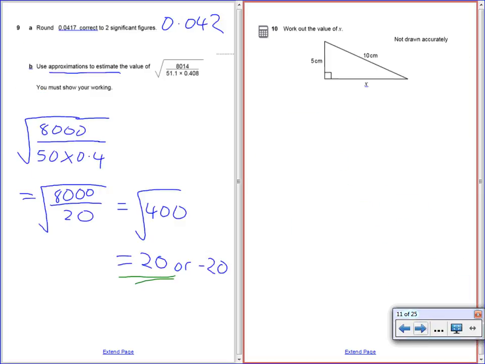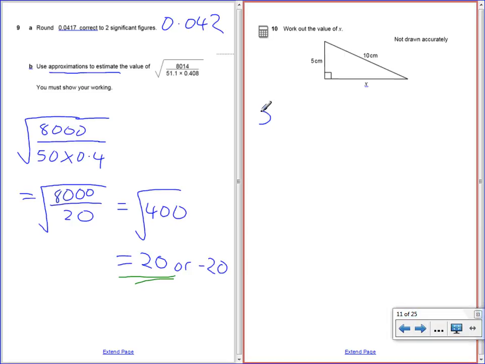Number 10, right angle triangle. Lots of people wrote SOHCAHTOA because they saw a right angle triangle. But SOHCAHTOA is only involved if it's a right angle triangle and there's an angle involved in some way. If you've just got two sides and you're trying to find the third side, then you use Pythagoras. And we know from Pythagoras that the square of the shorter sides, when added together, gives the square of the hypotenuse.